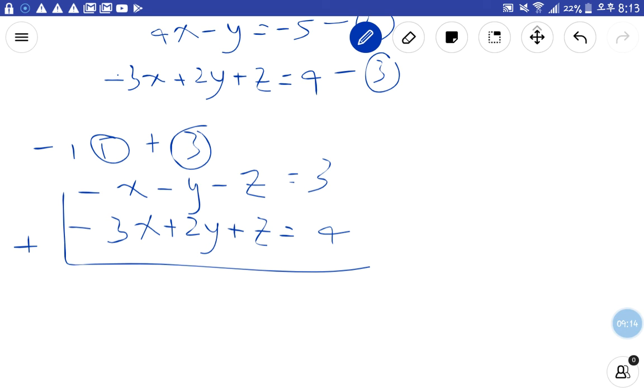If you add them up, you would have negative 4x plus y, and you can cancel z out, and that would be 7. The reason why I did this is I want to show that they have no solutions, because I can see that the x and y are in my second equation. So now I can replace my 3 with negative 4x plus y equals 7.